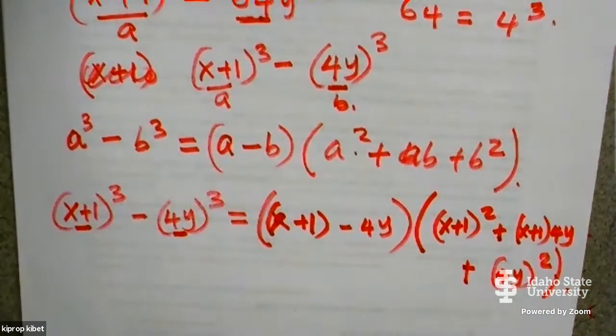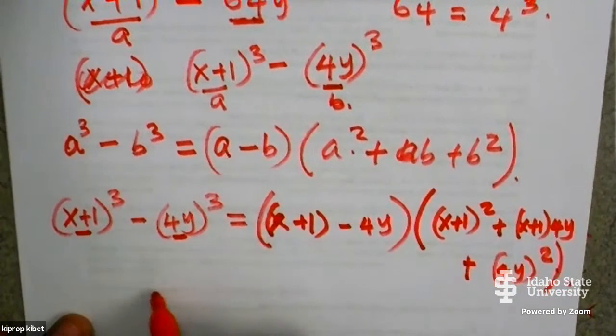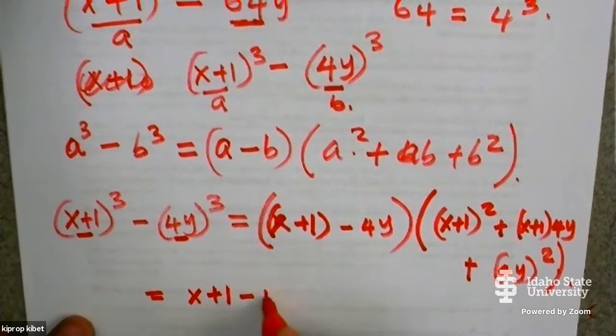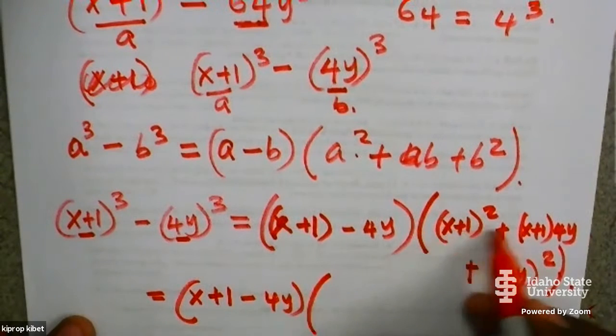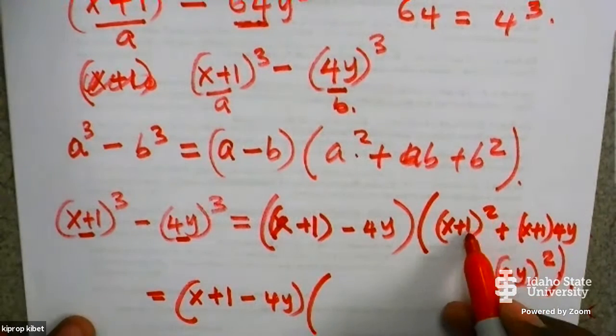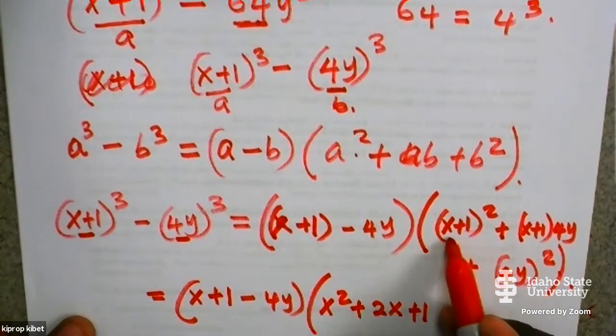Okay, then you do what? You now simplify. So when you open these brackets, it will be x plus 1 minus 4y, and then this one. When you open these brackets, it will be x squared plus 2x plus 1, this is for this.